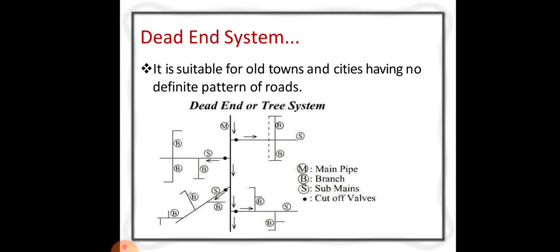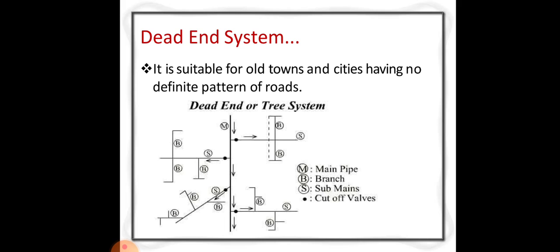So firstly, the dead end or the tree system. In this case there will be one main pipeline which will run through the center of the populated area. This is especially suitable for very old towns and cities which do not have a definite pattern of road.